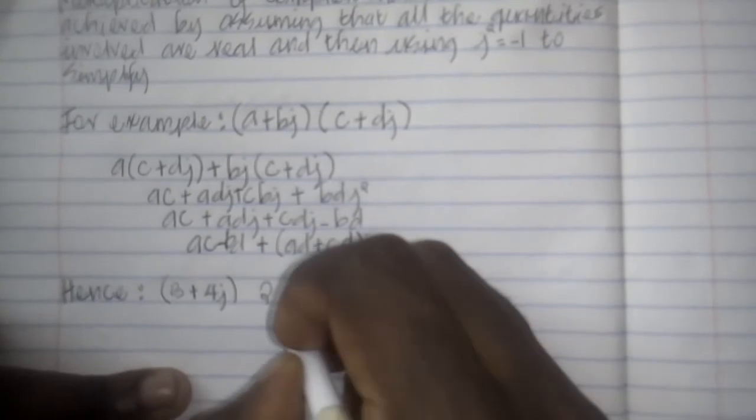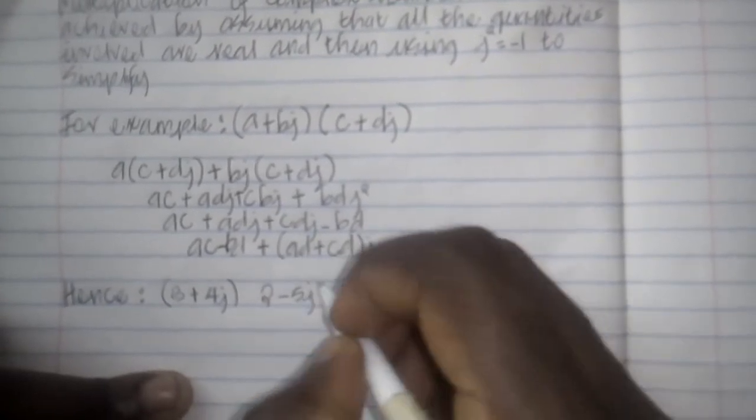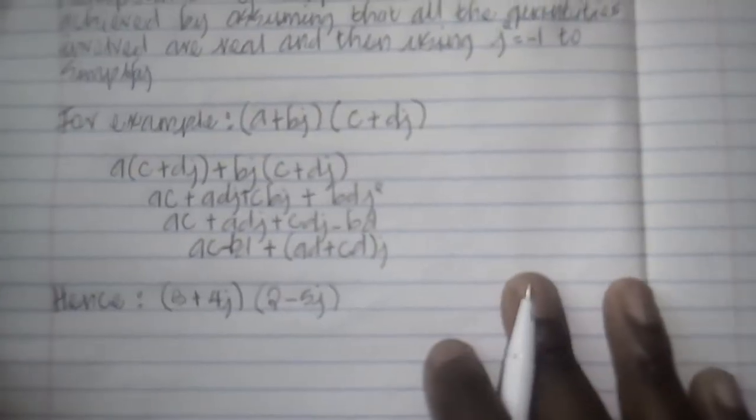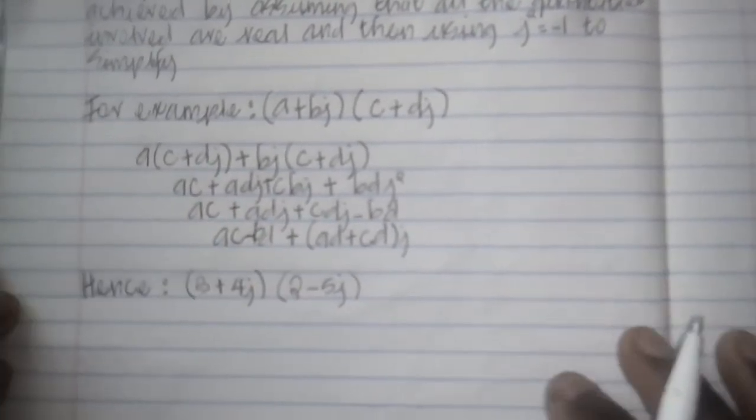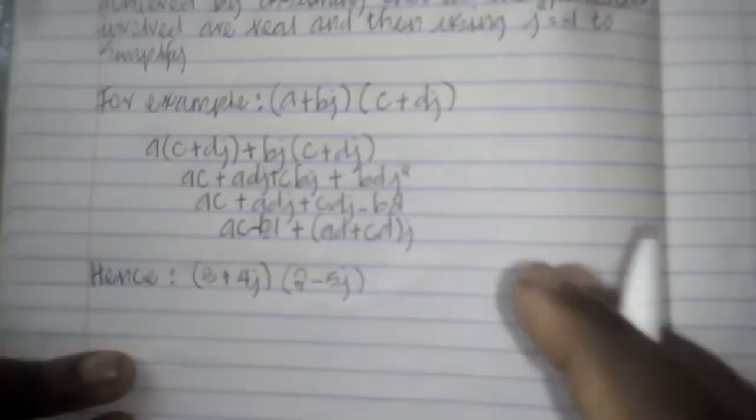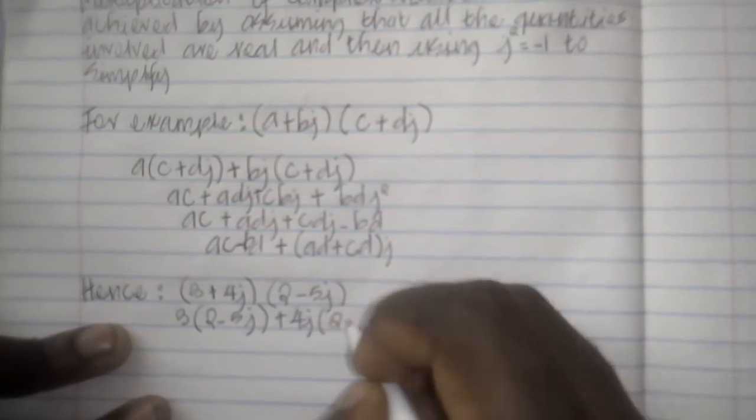Hence, given two complex numbers, for example 3 plus 4j and 2 minus 5j, and you are asked to find their product, this will be 3 into 2 minus 5j plus 4j into 2 minus 5j.